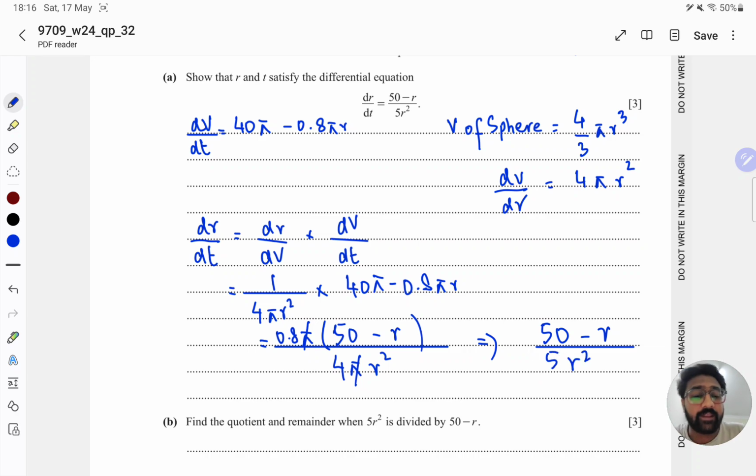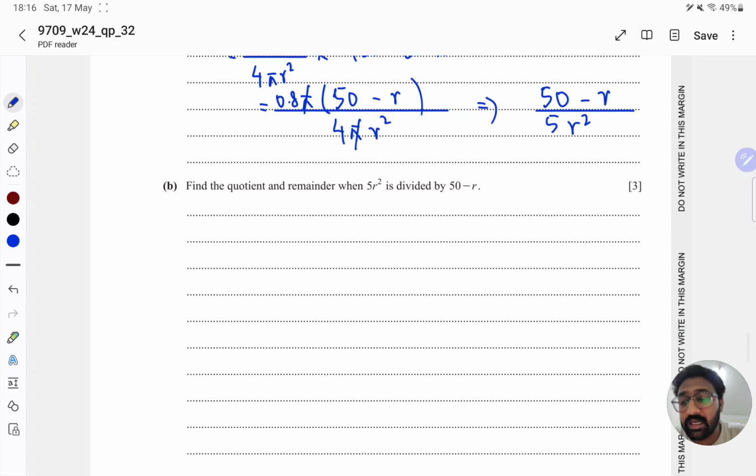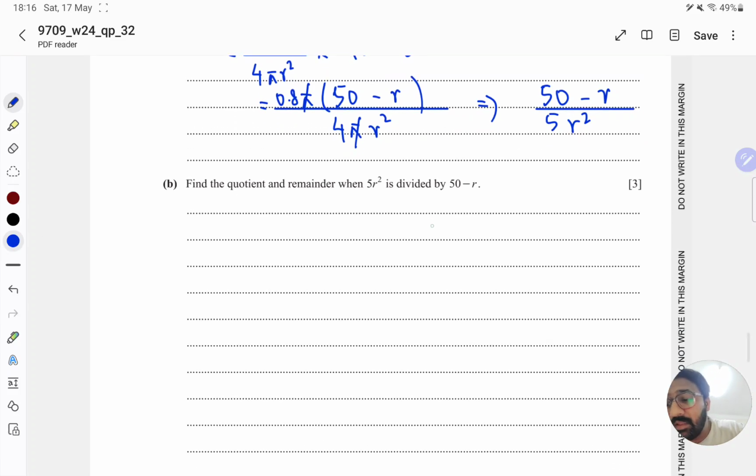The second part says to find the quotient and the remainder when 5r squared is divided by 50 minus r. So simply I have to use long division. Inside I will write 5r squared, outside I will write minus r plus 50.